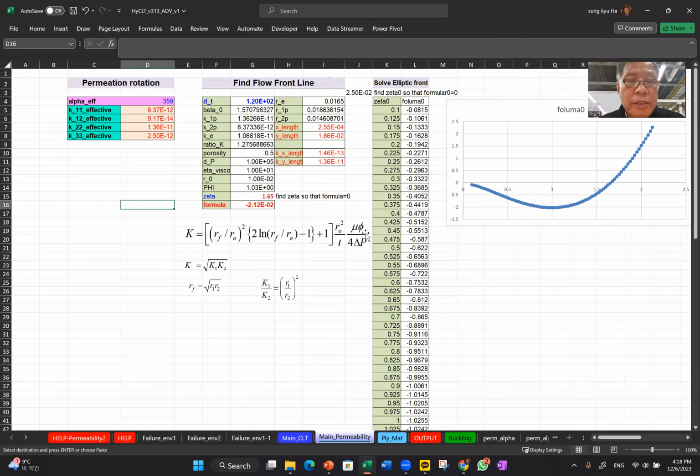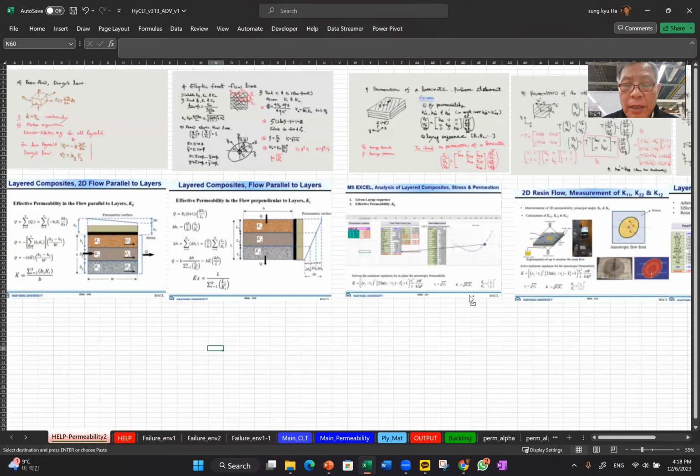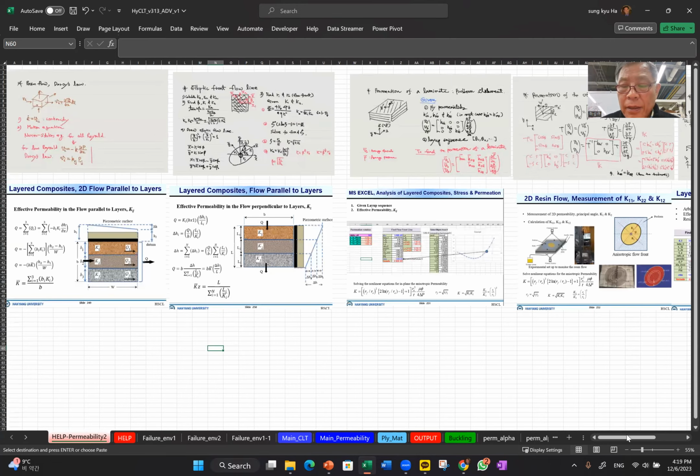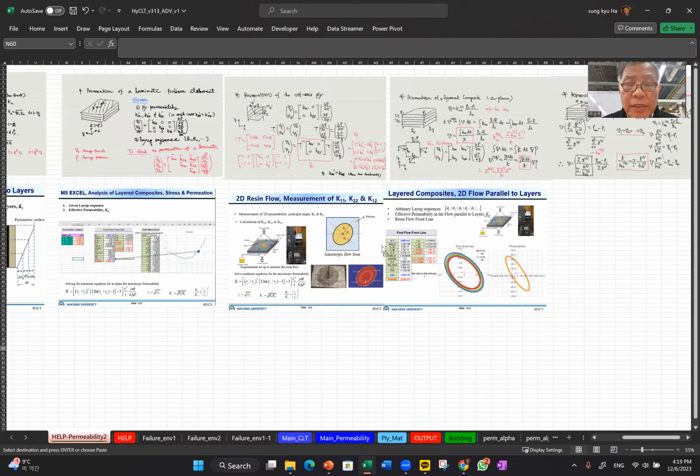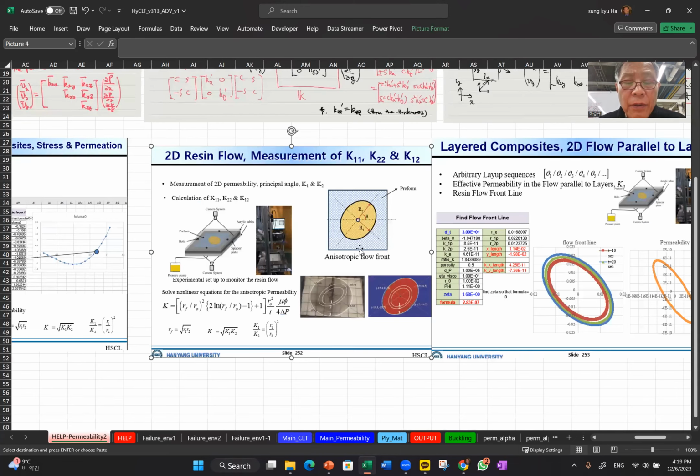The purpose of this main permeability is to understand how fast the resin can flow in two-dimensional flow.